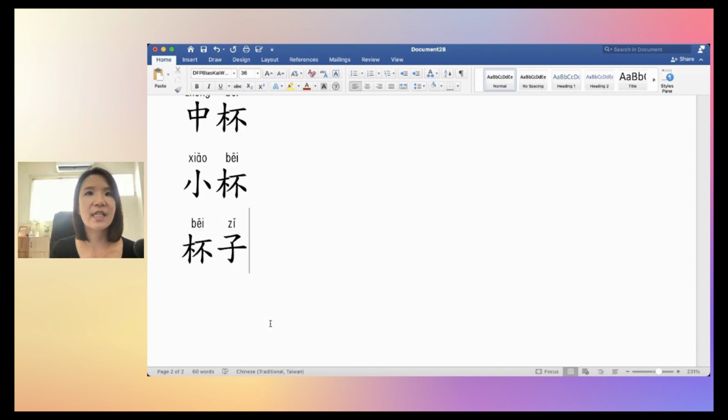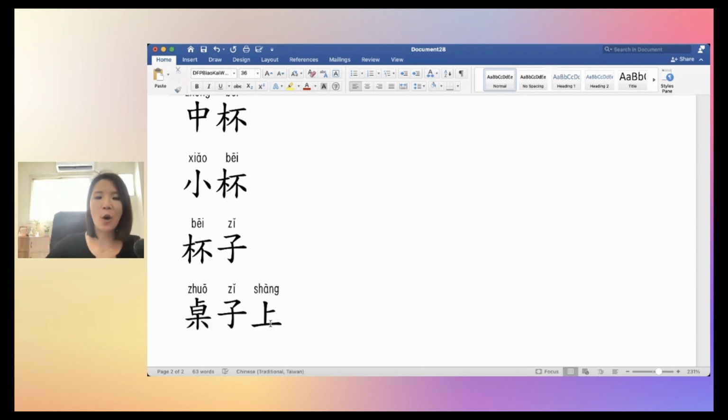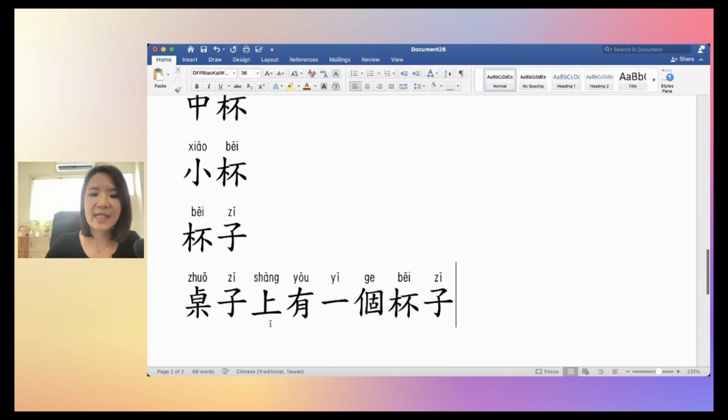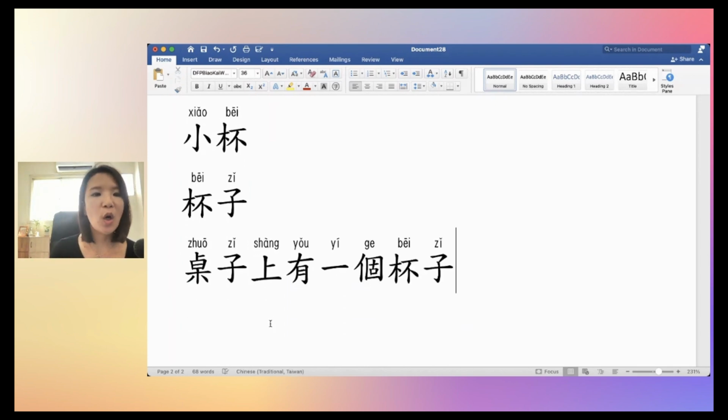For example, how do you say there is a cup on the table in Mandarin Chinese? 桌子上有一个杯子. So 桌子上, on the table, 有一个杯子. So 桌子 is table or desk.